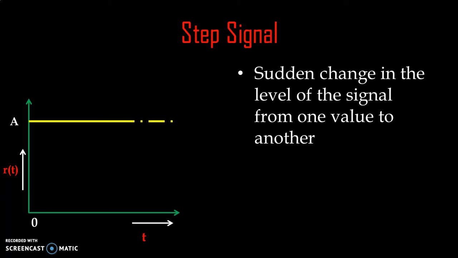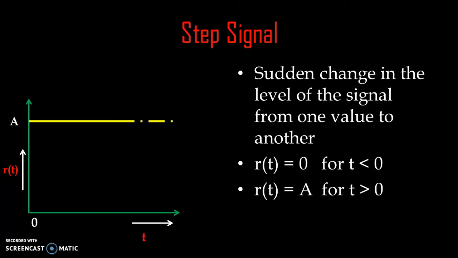Normally, the change is from the 0 level to another level. The signal is equal to 0 for time t less than 0, and for time t greater than 0, the magnitude of the signal is equal to A. In physical system, a sudden change is indicated with the step signal.